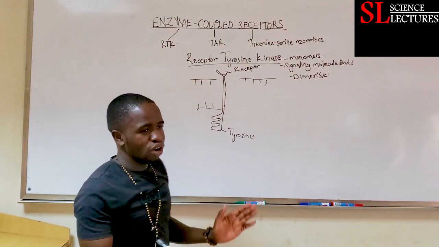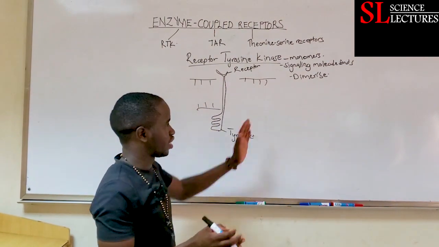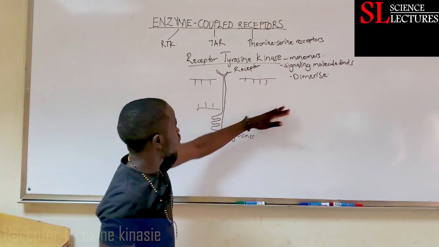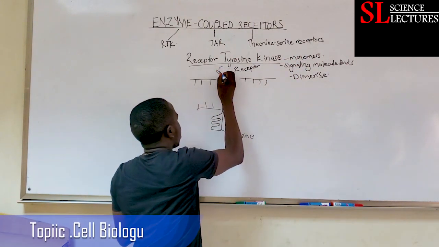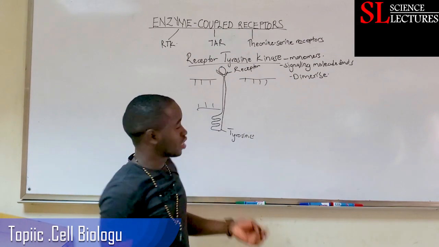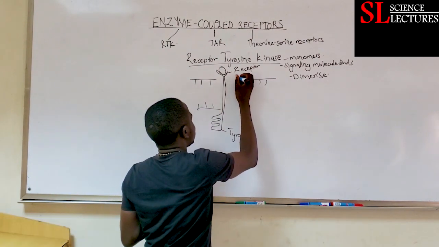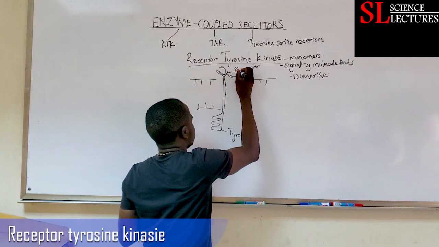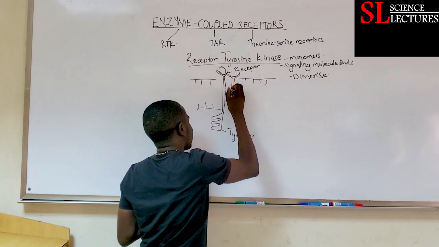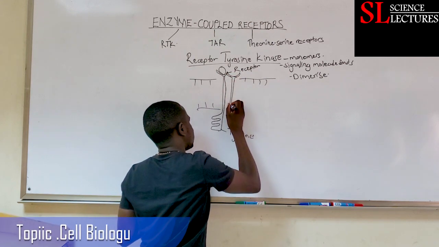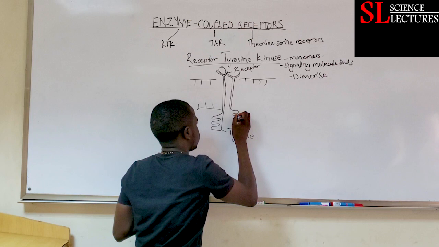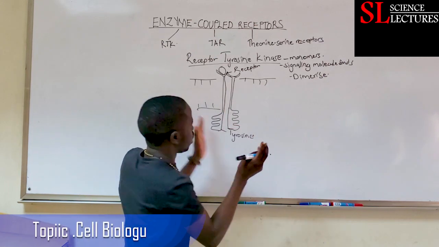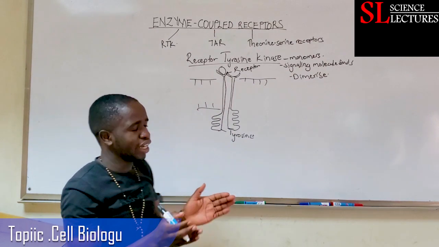So whenever a signaling molecule binds, let's say here, for example, a growth factor, this receptor shall be interconnected with another receptor tyrosine. Then they form what we call a dimer. They work in pairs.